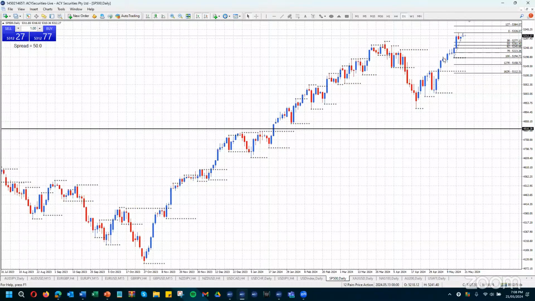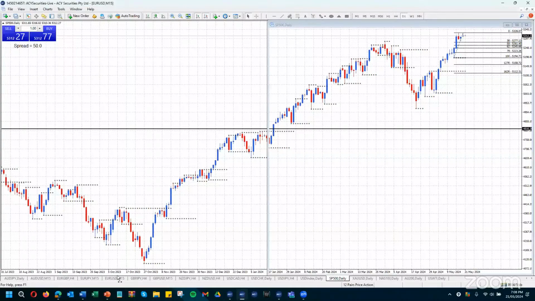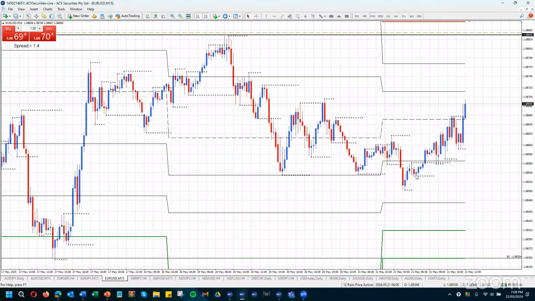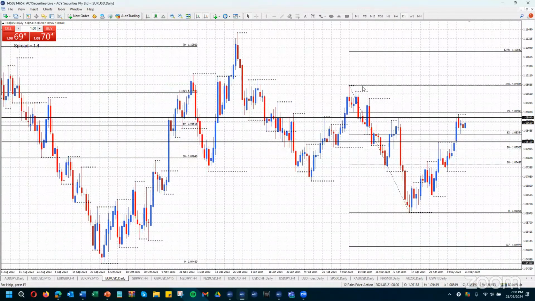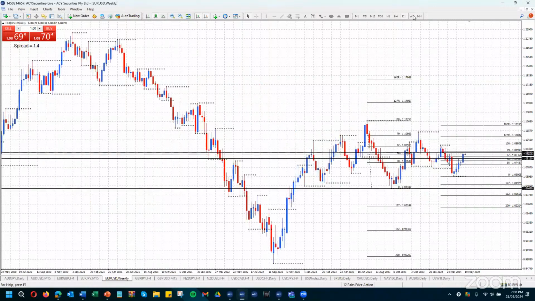Okay. All right, now the euro dollar, which is seeing some intraday move up at the moment, but let's go to the day chart. And we're going to go to the weekly chart. This is a significant high to a low.